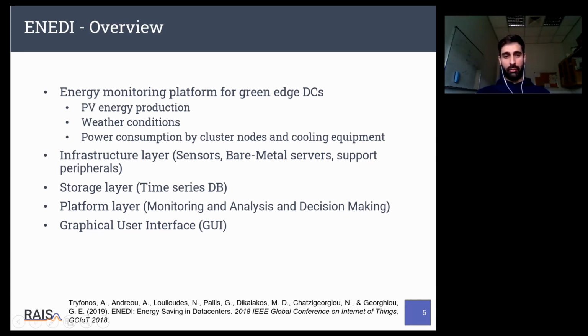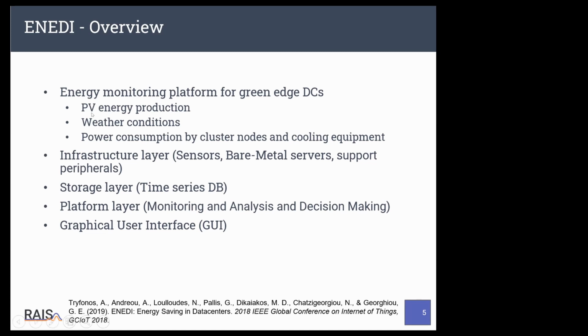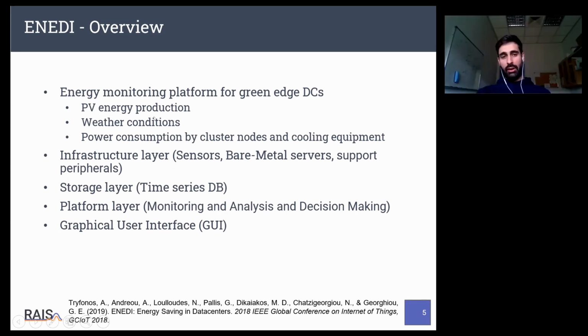It provides information about the photovoltaic energy production installed on top of the data center, about weather conditions through sensors that are also installed on top of the data center, and the power consumption of cluster nodes and the cooling equipment of the data center.